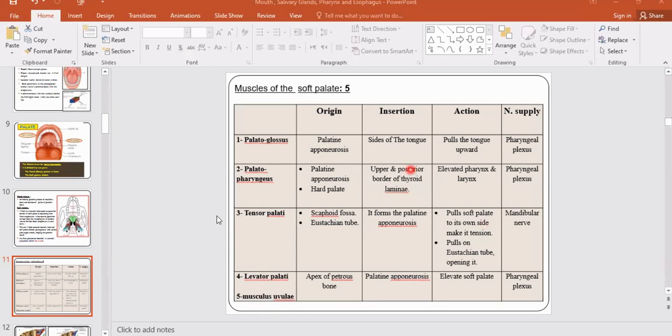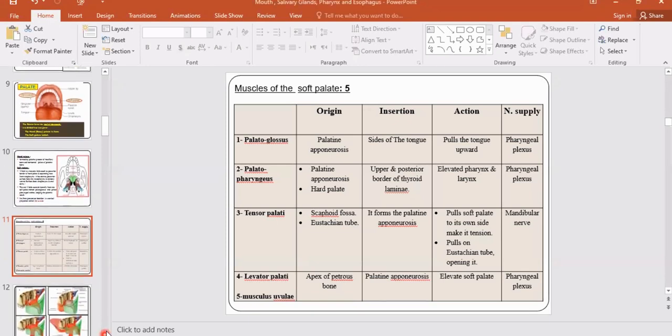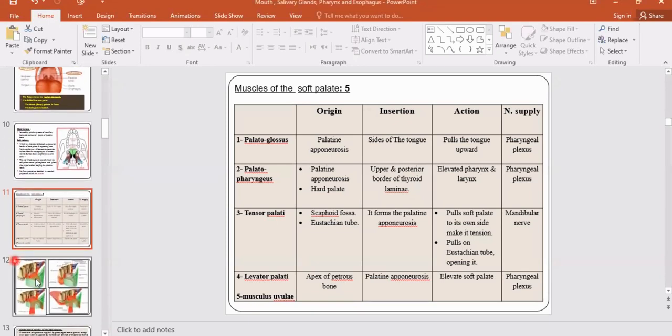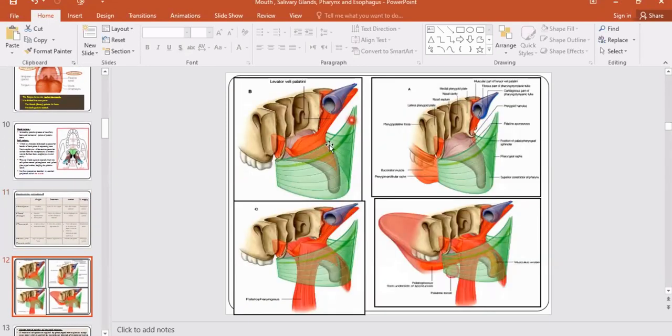Leave all this, okay? Remember the names of these muscles. This diagram shows you the different muscles. These are the arches forming from the pharynx. We'll see later on. And here you can see the muscle which is coming from the palate and going towards the uvula, and this is going towards the tongue, and the muscle which is covering this uvula. These are the soft palate muscles.